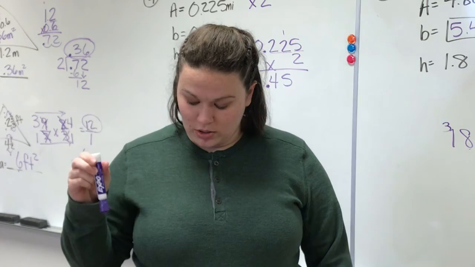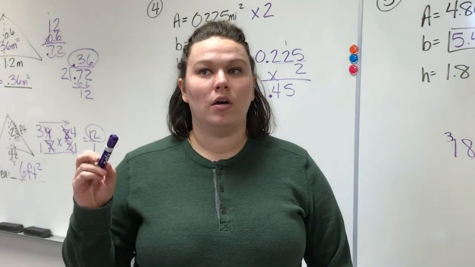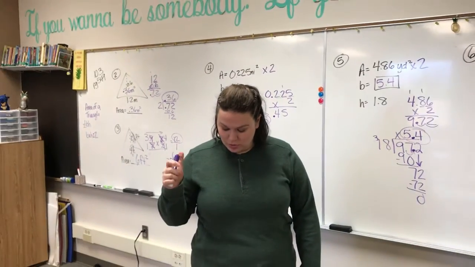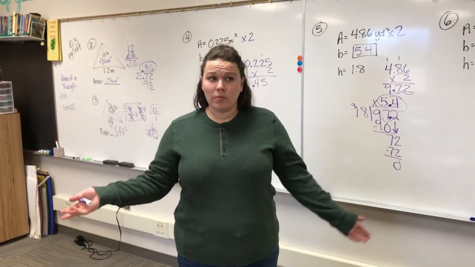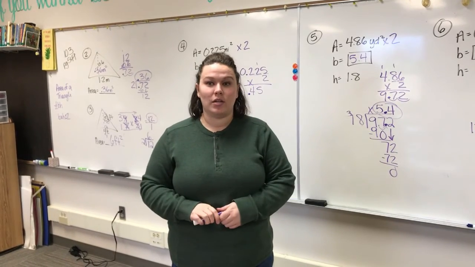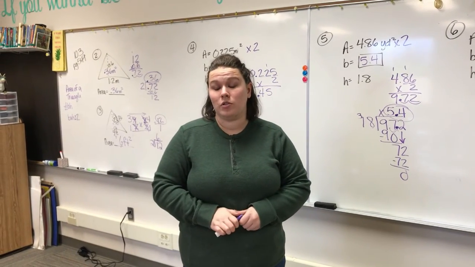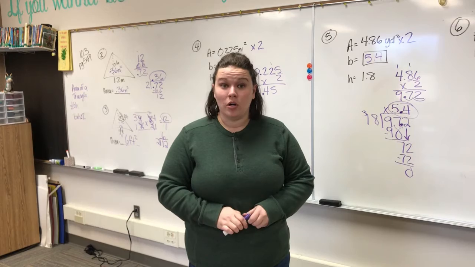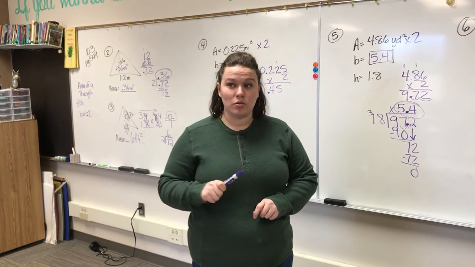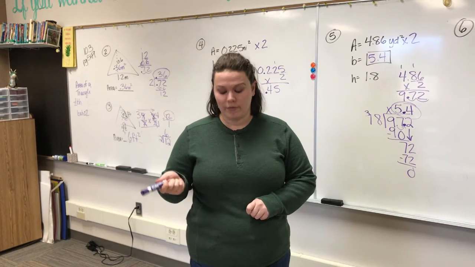On the front of your worksheet of 10.3, you only have to do problems 2 and 3. Number 1 you can totally do, it just has all those lines, and those lines get annoying. So if you just want to find the area of the triangle on number 1, go for it. It would be good practice. But you definitely have to do number 2, and you definitely have to do number 3 on the front.